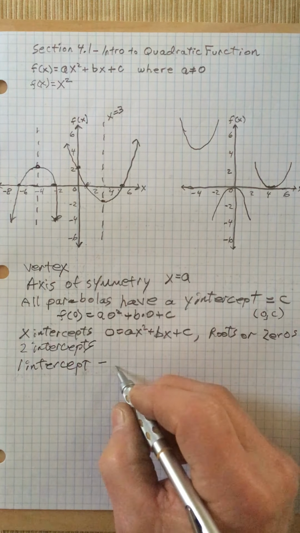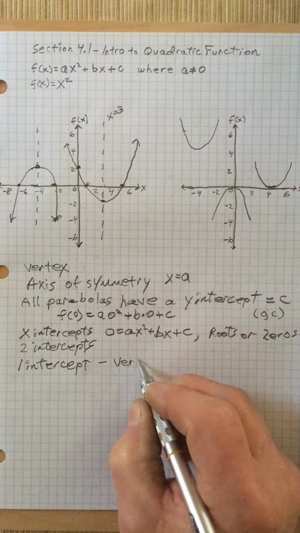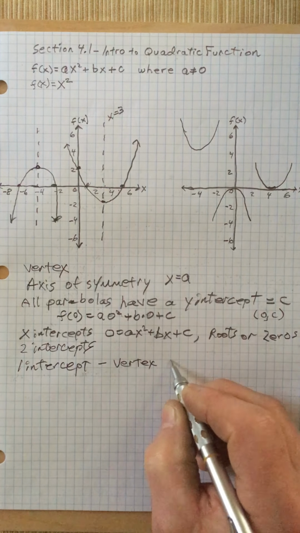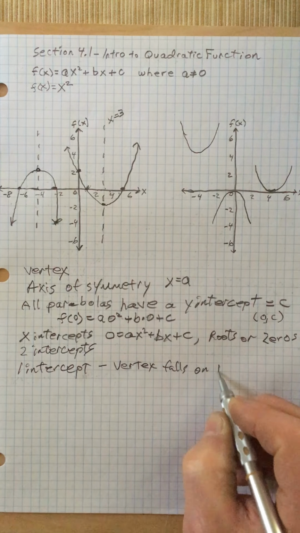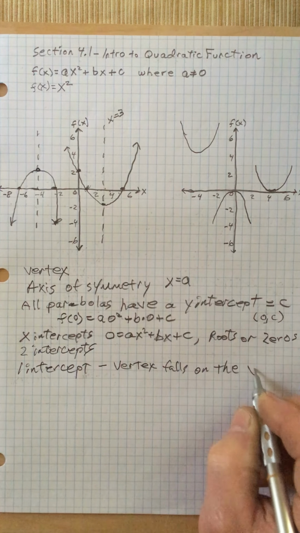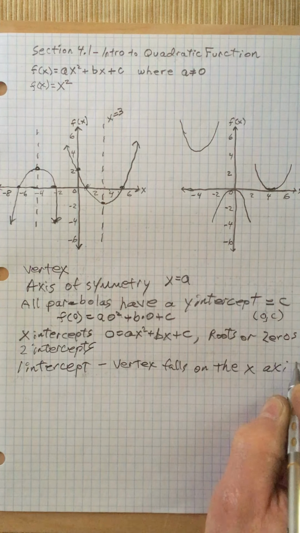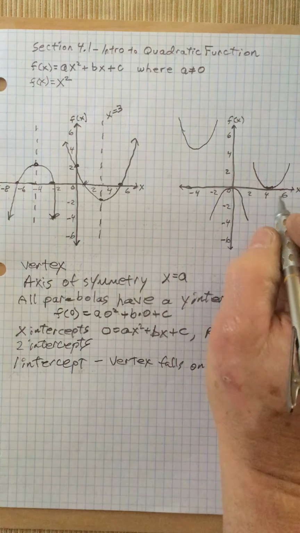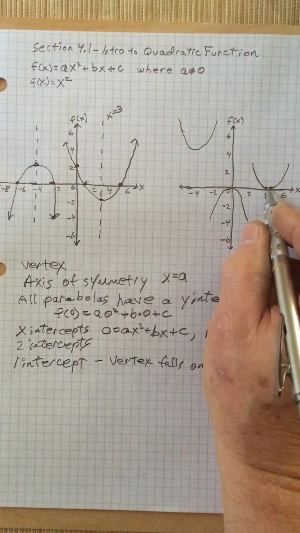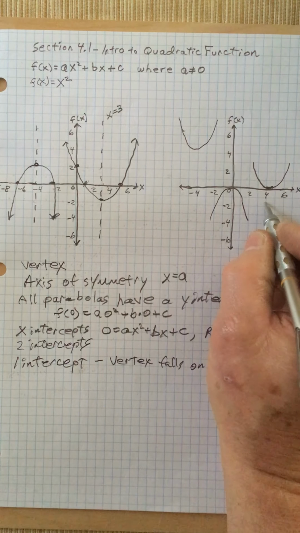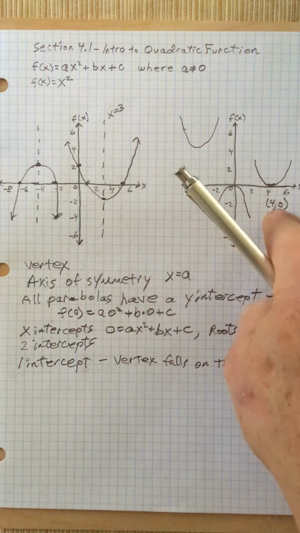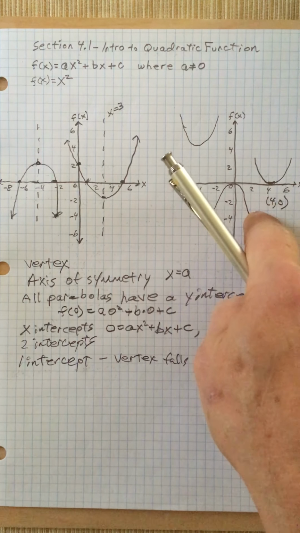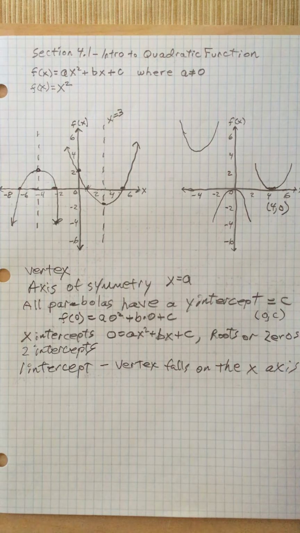So this occurs when the vertex falls on the x-axis. So for example here, this vertex right here would be at x equals 4, y equals 0. That's the x-intercept, or you could say it touches the x-axis at 4, either way.